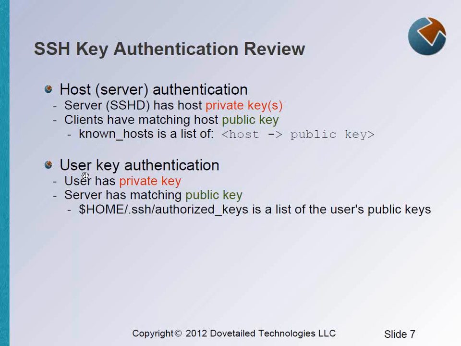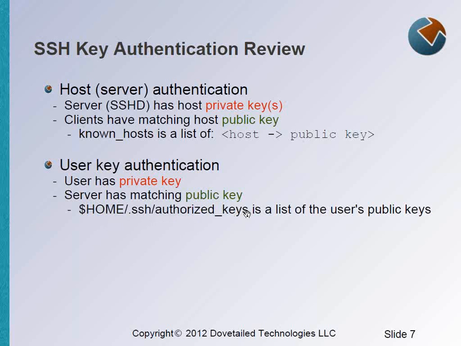With user key authentication, this is where you want to have the user prove that he has the credentials to use a user ID on that target host. The roles are reversed. In that case, the user has the private key; I'm keeping the private key material in red here, and the public key is in green. The server has the green stuff, the public key. In this case, the registry for the public key is $HOME, the target home directory, and the .ssh directory under that.